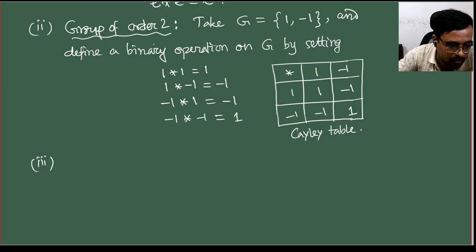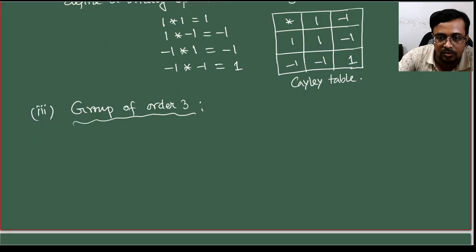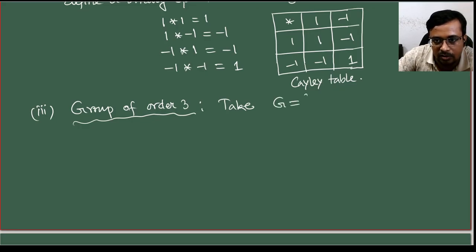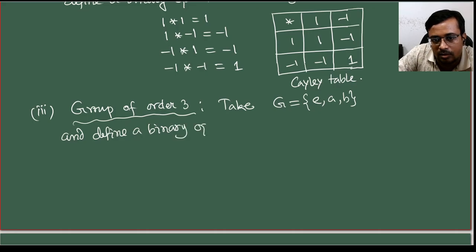Example 3, say a group of order 3. Take G to be E, A, B, and define a binary operation on G by the following table.